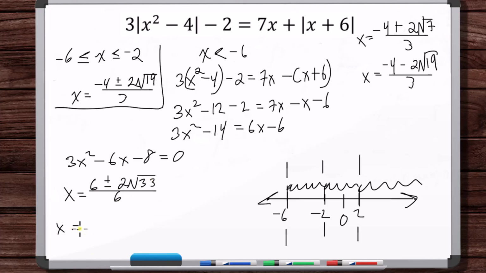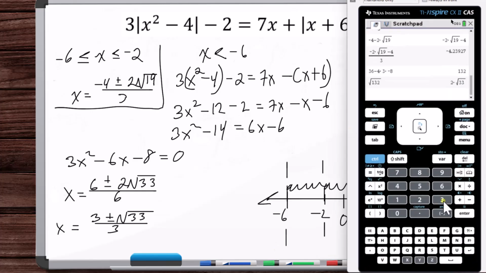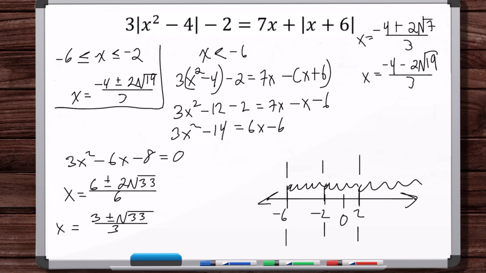So x is equal to 3 plus or minus root 33 over 3. All right. Well, the 3 plus root 33 over 3 is definitely not less than minus 6. But what about 3 minus square root of 33 over 3? No. So neither one of these are solutions. So these are the only two solutions.